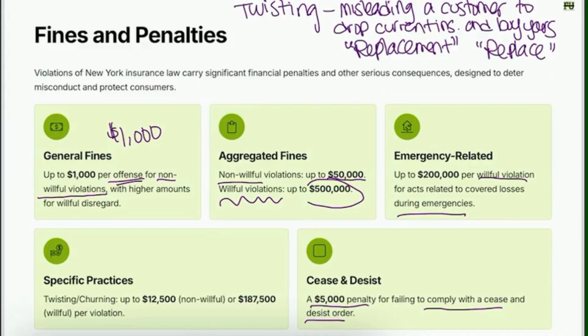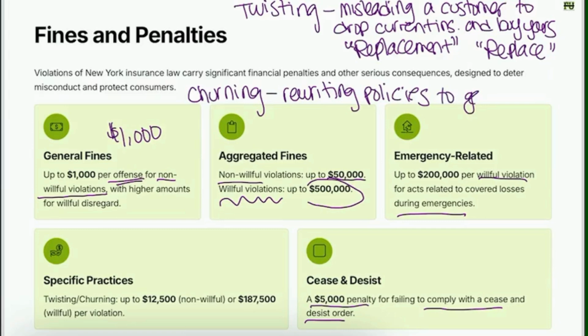Okay. Churning is rewriting policies to get more commission. Churning policies that are already in your pot. If it already belongs to your company, you already got paid commission on it, and then rewriting it.